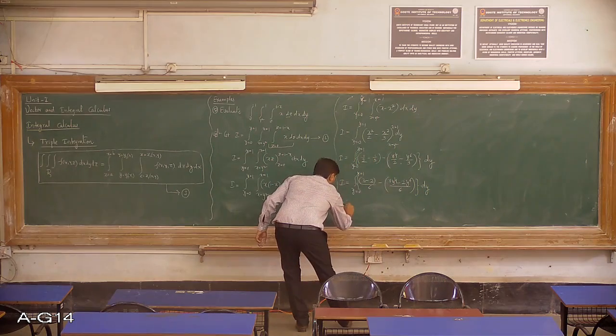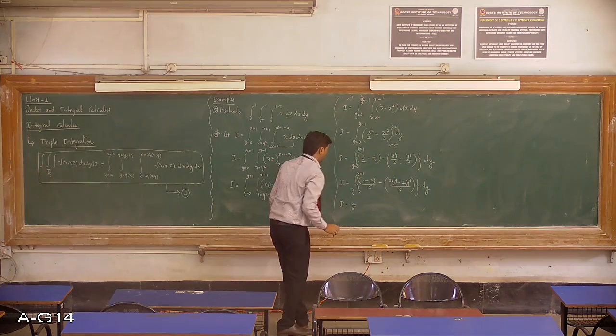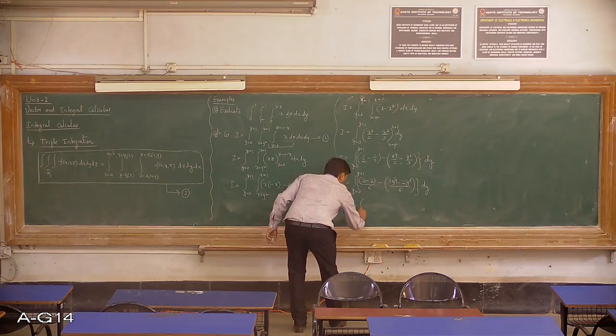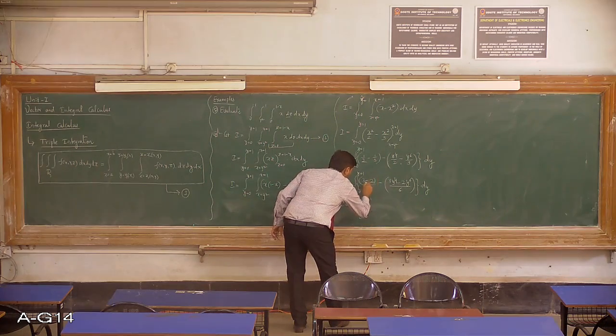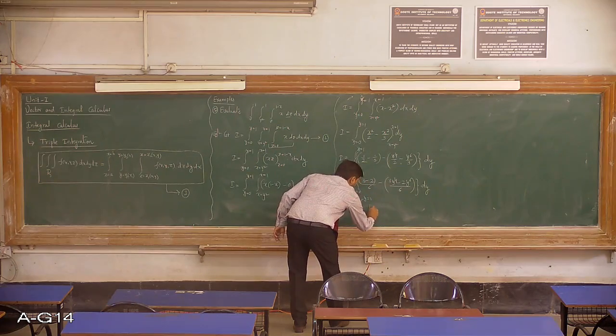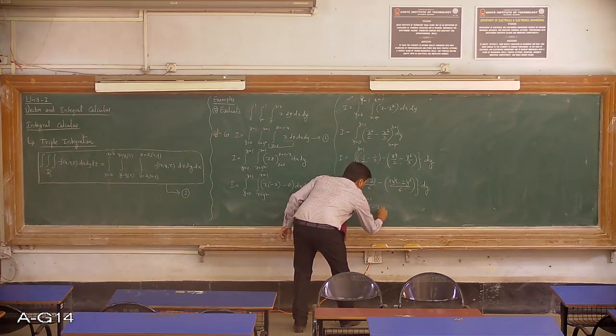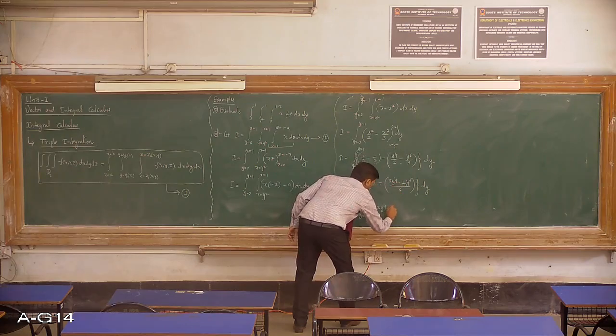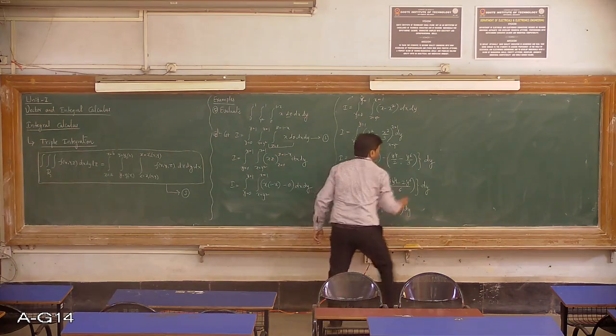So 1 by 6 can be taken outside. Then the integral from y equals 0 to 1 of: 3 minus 2, it is 1, so 1 minus 3y raised to 4 plus 2y raised to 6, dy.